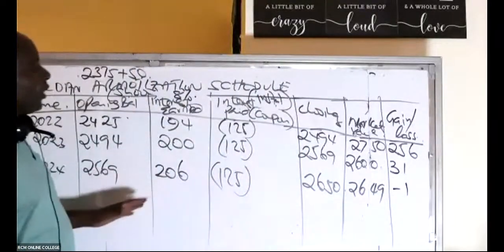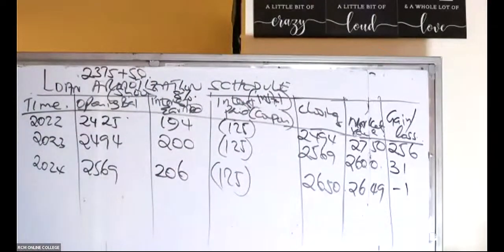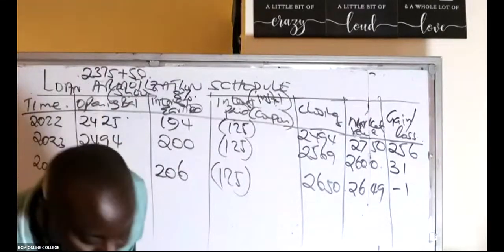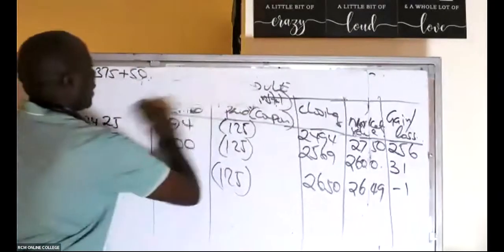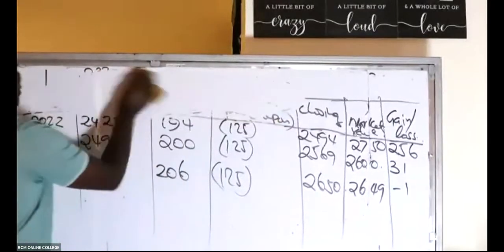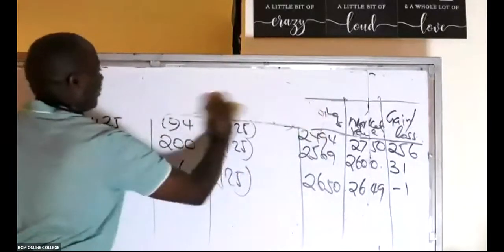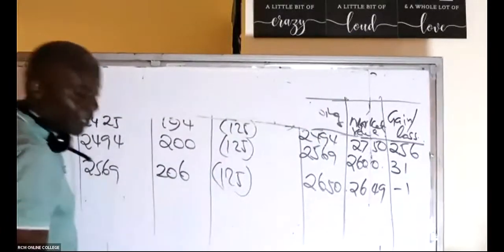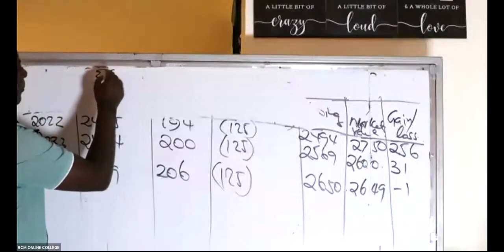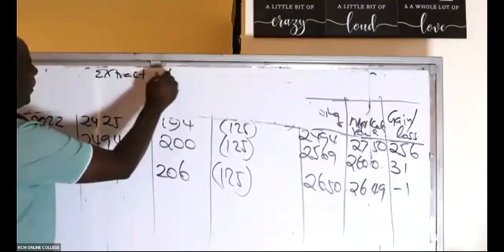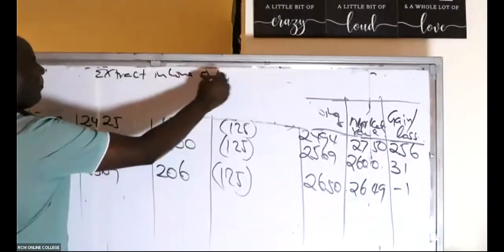So what I will do very fast, because they want us to give them an extract income statement, this is what I shall do. It looks crazy, but you can easily understand it. So we have here the extract income statement.